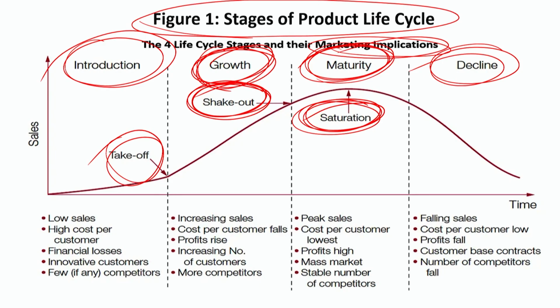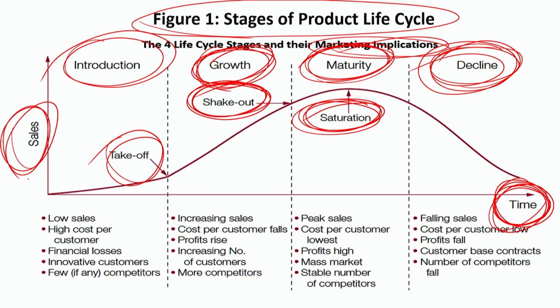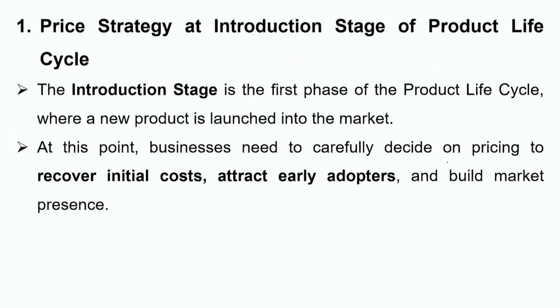They use all those pricing strategies to capture their customers in the right way. The last stage is the decline stage. When you are in the maturity stage, your sales will be at the peak, and when it is the decline stage, your sales will decline. So we have discussed all those categories.